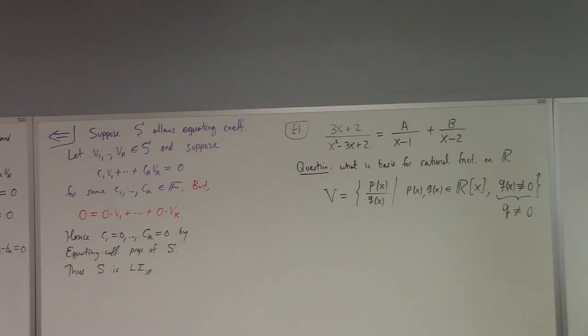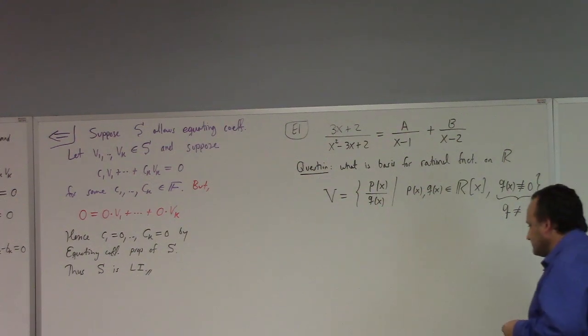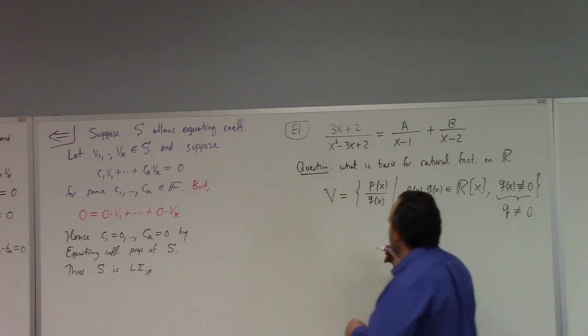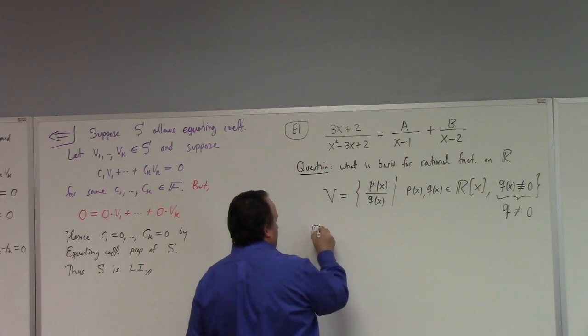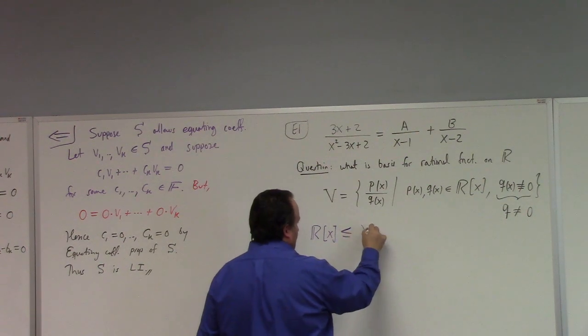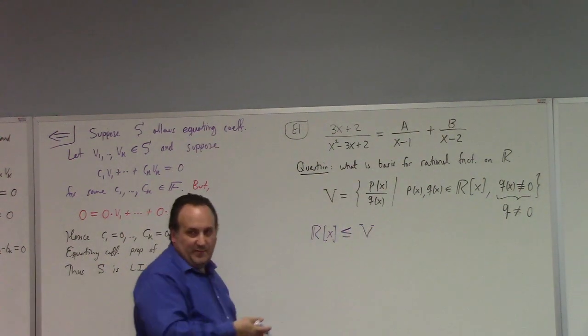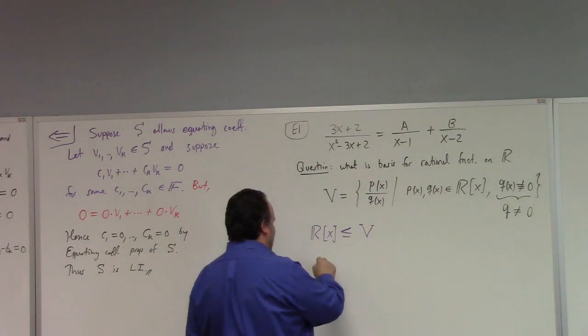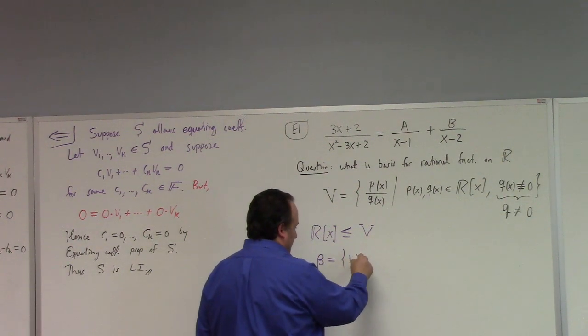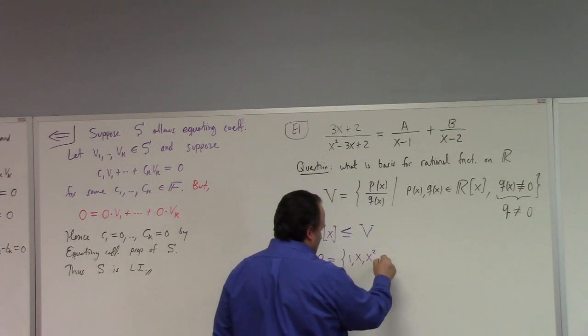What's a basis for this? So first of all, notice that R[x] is a subspace of V, right? And so if we wanted to, we could start our basis with a basis for this, which is easily 1, x, x squared, and so forth and so on.